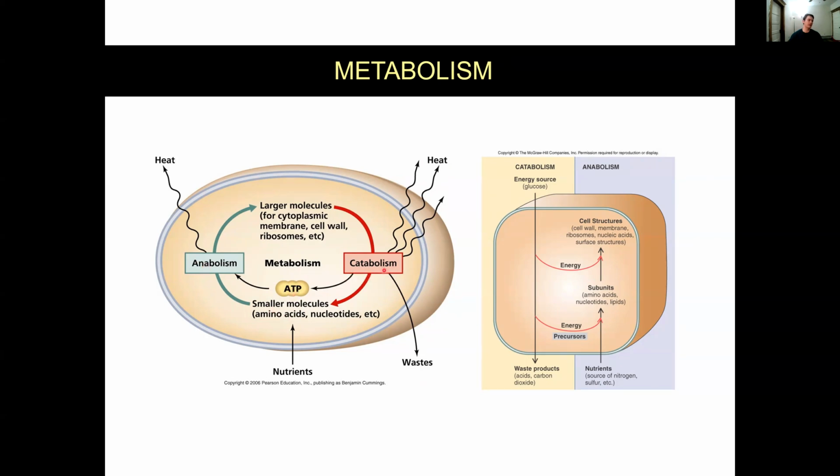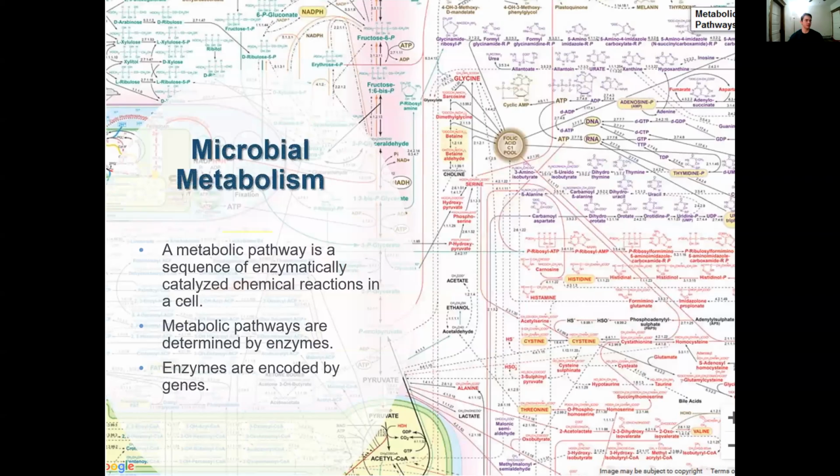Thus, the catabolic reaction can be thought of as providing the building blocks for anabolic reactions, which will then result in the synthesis of larger molecules, such as your ribosomes or your cell wall and anything else the cell might need. So the reactants, products, and intermediates of enzymatic reactions are known as metabolites, which are modified by a sequence of chemical reactions catalyzed by enzymes.